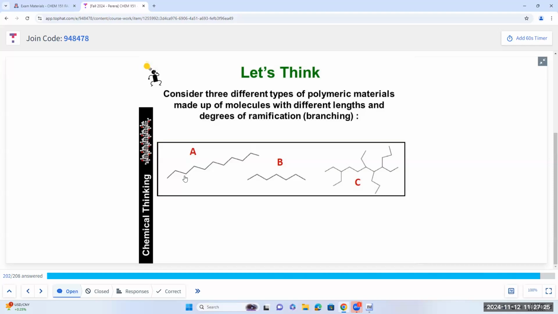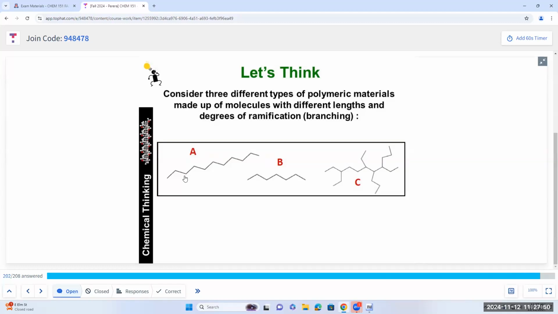All right, if that is the case, this is what is meant by using the chain scale. We are not looking at individual atoms in the monomer. We are looking at how long the chain is, or whether the chain has branching coming out or not, to decide their properties. Branching reduces the surface area of contact, thereby weakening the intermolecular forces.